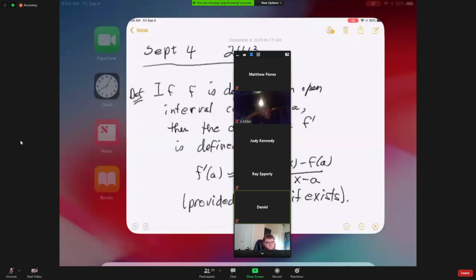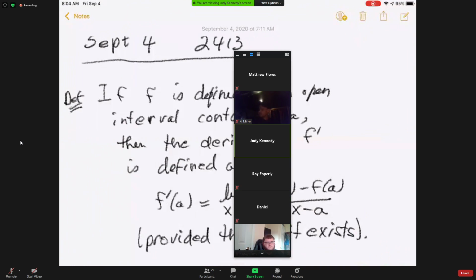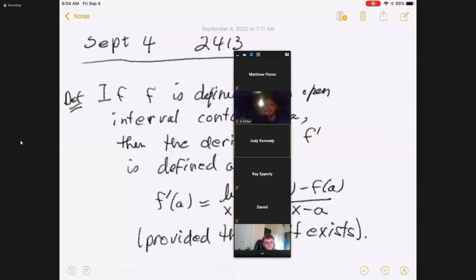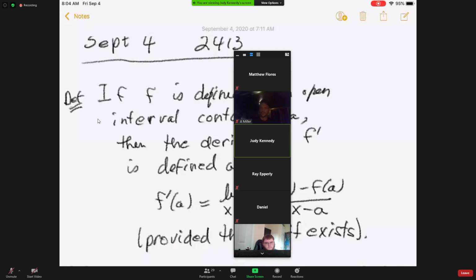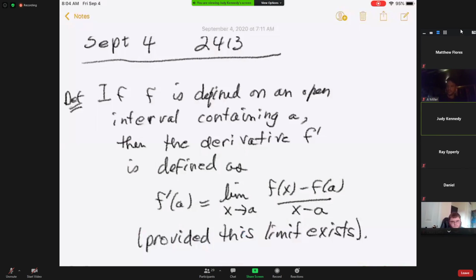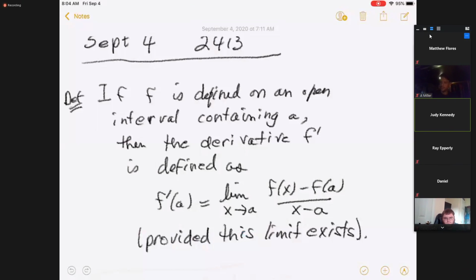Okay, yeah, so this is the definition we had yesterday. F prime at the number a is defined to be the limit as x approaches a of f of x minus f of a over x minus a.